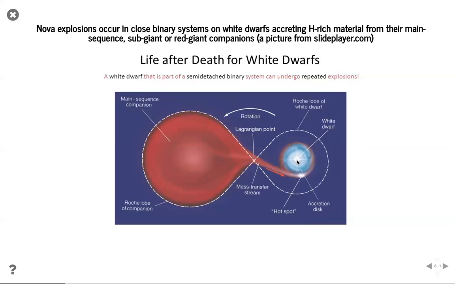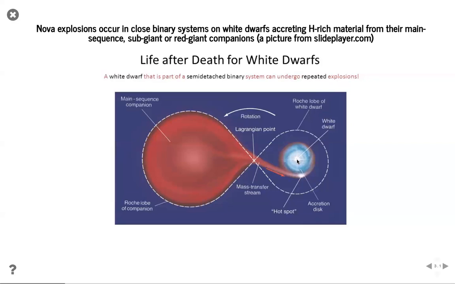It gets compressed by the relatively strong gravitational field of the white dwarf, and as a result, the material gets heated up. Eventually, when its temperature at the bottom of the accreted envelope reaches a high enough value of 100 million Kelvin, hydrogen burning starts.